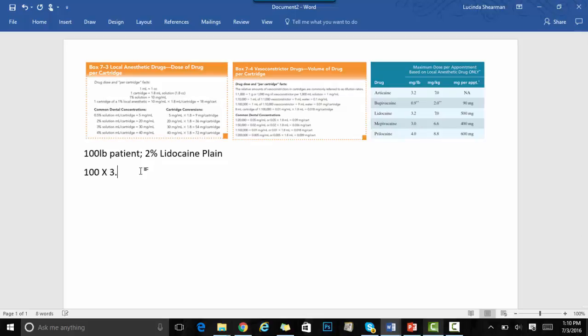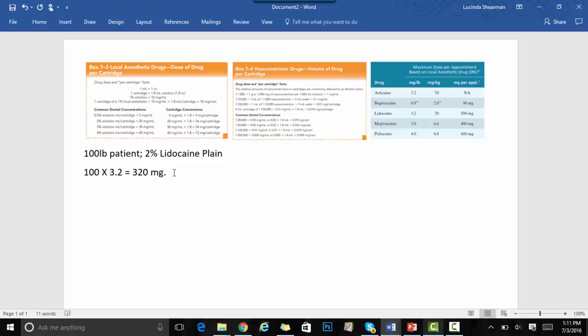So 100 pounds times 3.2 milligrams per pound, and I use my calculator here, and we can see that's 320 milligrams. Now this is well under the MRD for lidocaine, so her weight limits her to receive no more than 320 milligrams of anesthetic. But how many carpules is that?